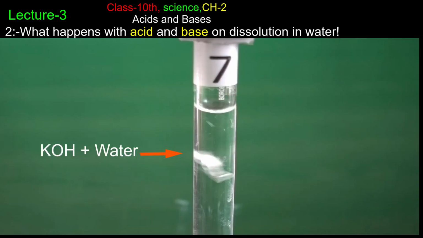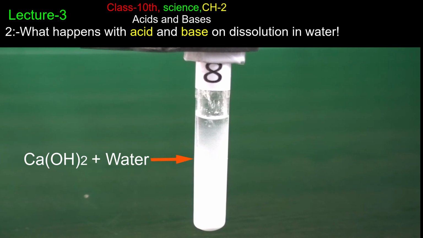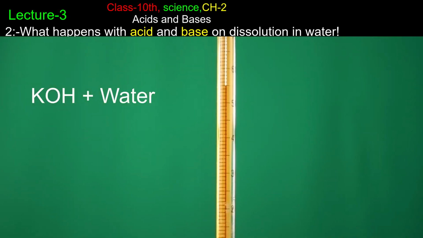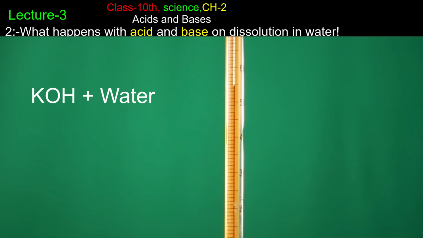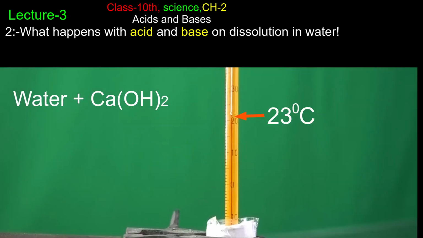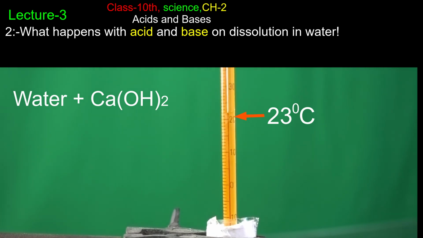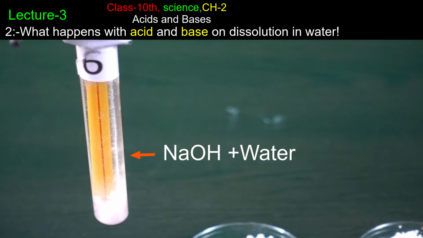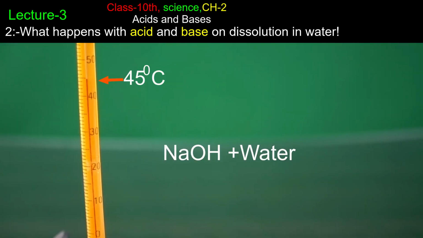And next, KOH flakes and then calcium hydroxide powder. And you see the temperature in test tube number 7, the temperature rises to 57 degrees Celsius. Test tube number 8, not much change in the temperature, almost remains the same. And in test tube number 6, means NaOH plus water, the temperature rises to 45 degrees Celsius.